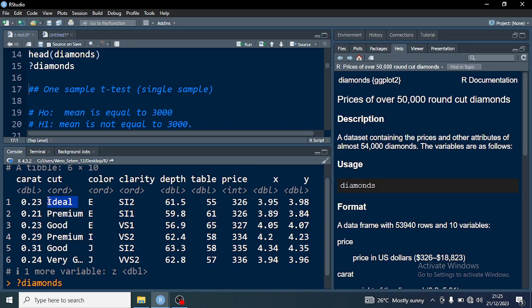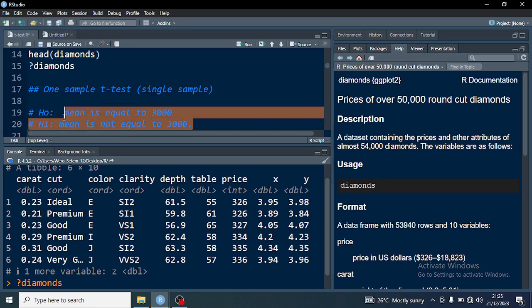Is that statistically significant at a certain alpha level? If the probability of getting that, using our null hypothesis, for example here, the null hypothesis is saying that the mean is equal to 3000.